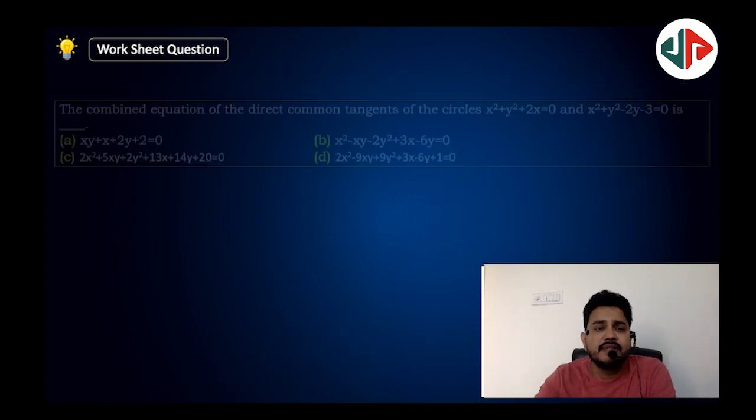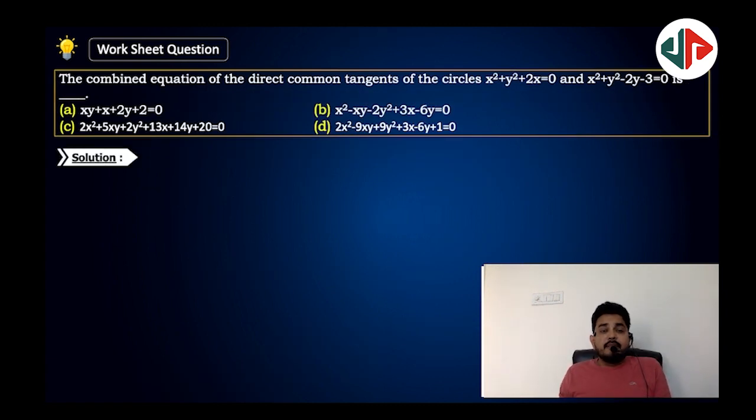Next one is the combined equation of direct common tangent of these two circles. Direct common tangent means we need to find the external center of similitude.